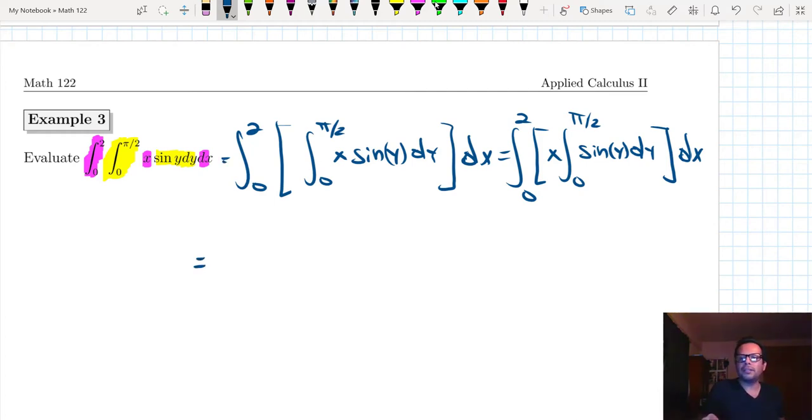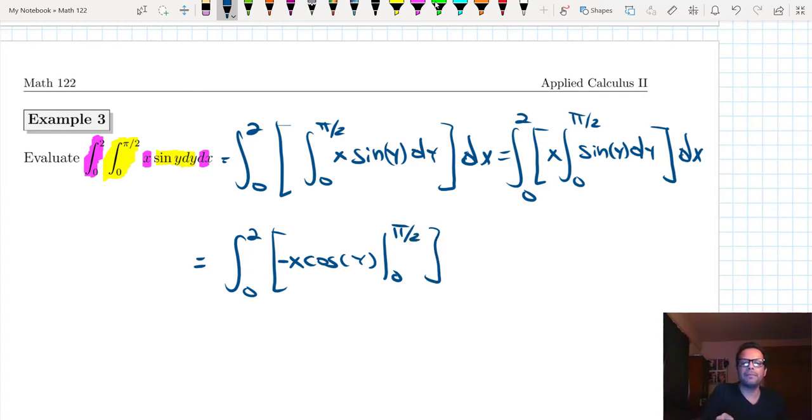Okay, so let's integrate sine of y. In this case, we don't need a u substitution because the derivative of y, the quantity inside sine, is simply 1. So this is going to be the integral from 0 to 2 of x, which multiplies the integral of sine, which is negative cosine of y, evaluated from 0 to pi over 2, dx.